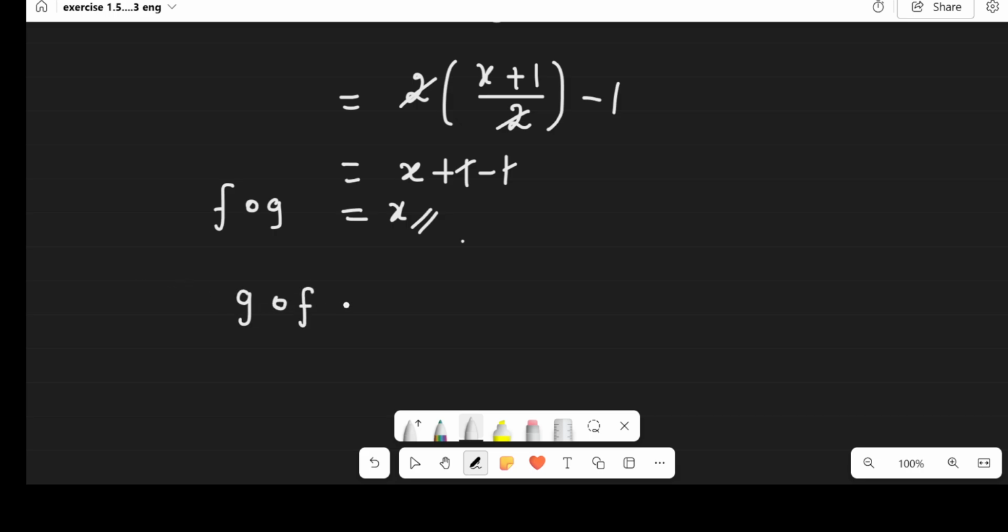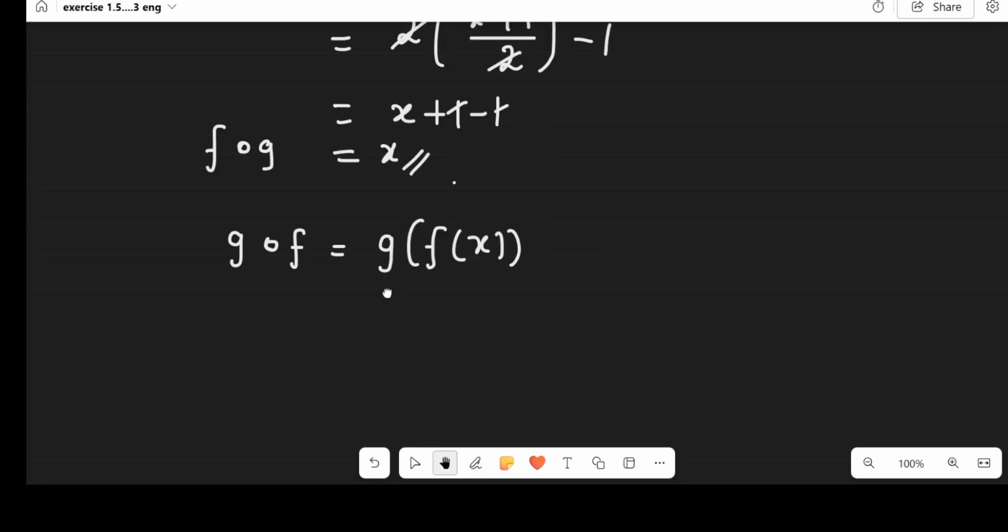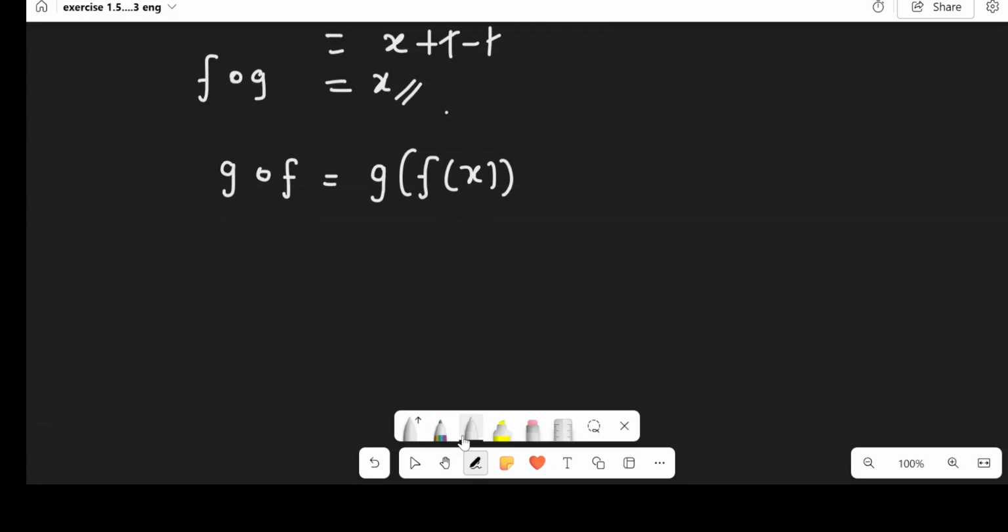So what is g of f here? We can expand g of f as g of f of x, right? So next, in this line, we should apply the f of x formula. What is f of x? F of x, according to the question, is 2x minus 1.